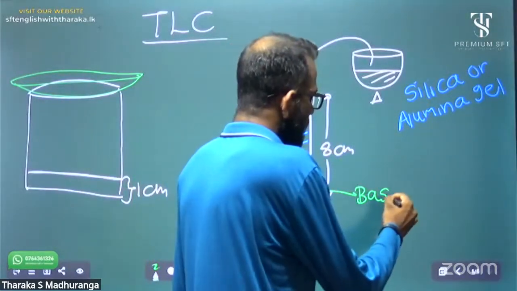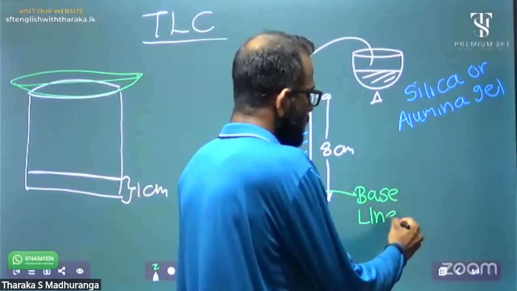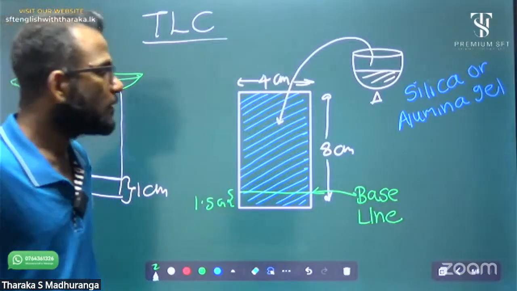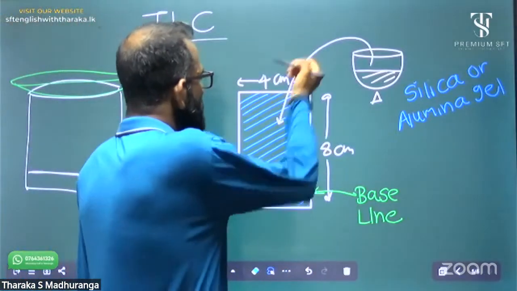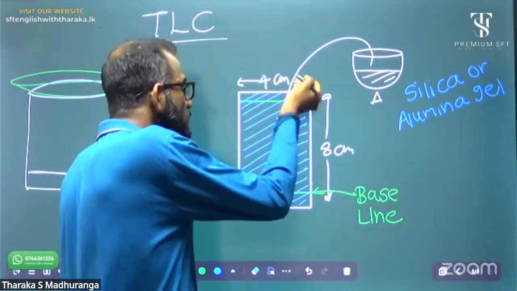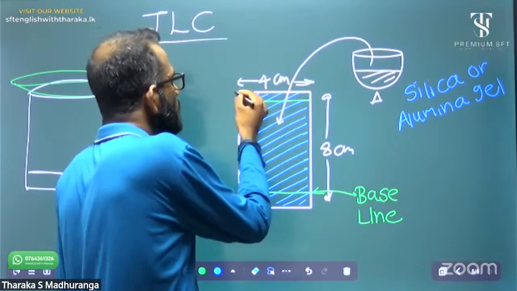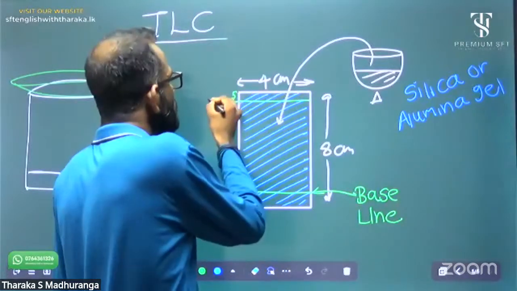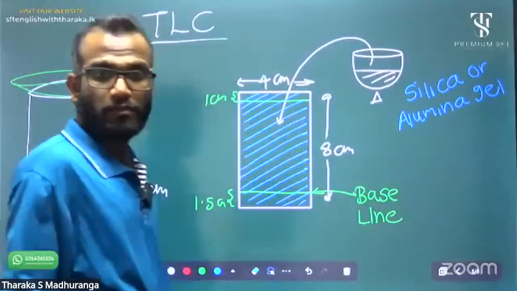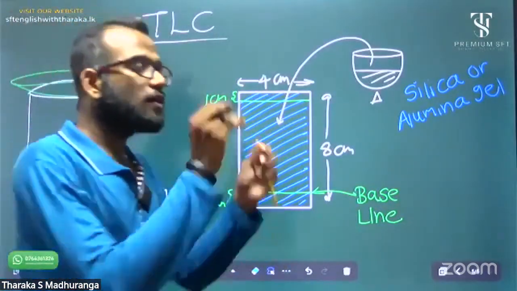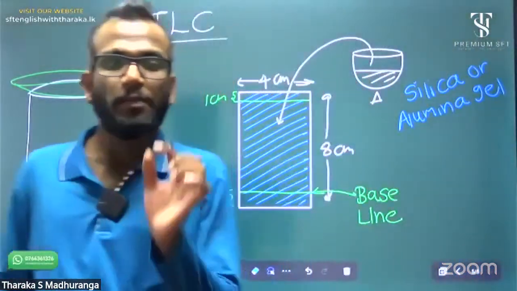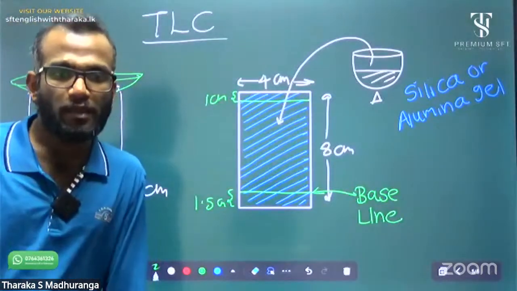Then draw another line using the same pencil, 1 centimeter below the upper end, which we call the solvent front line. You already know this name. You must use a sharp pencil. Understood?